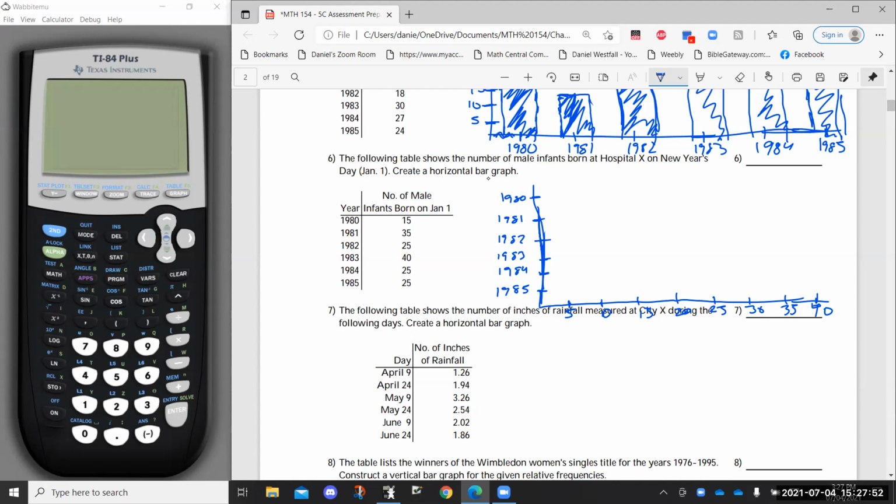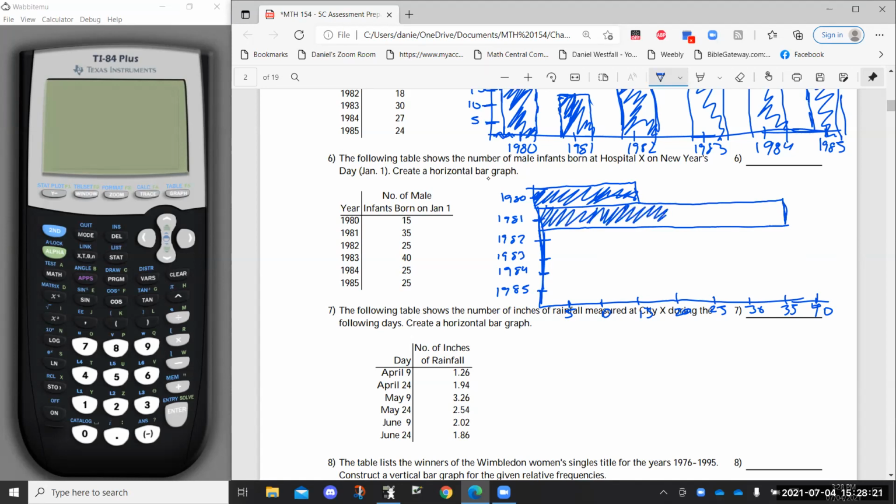Okay. 1980 is going to go out to 15 here. I might go ahead and let these bars touch each other because I don't have a lot of space here. Letting the bars touch each other is something unique called a histogram.